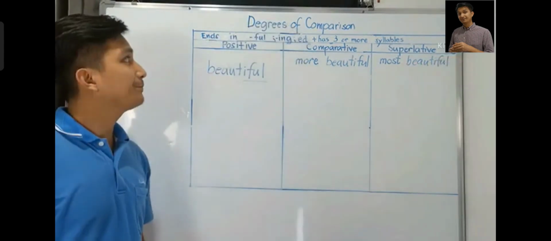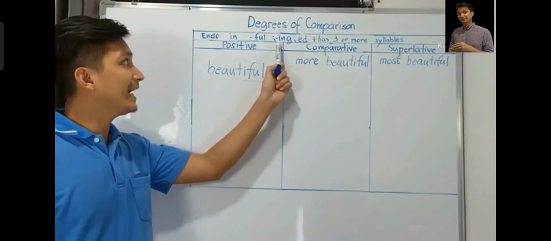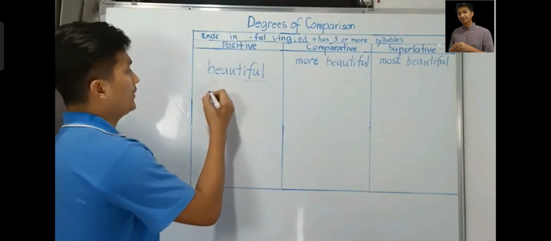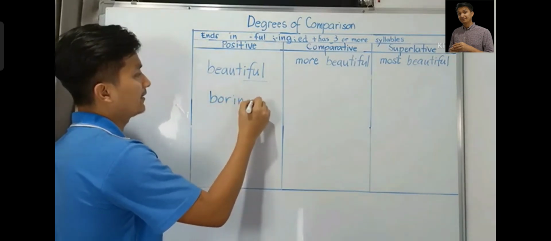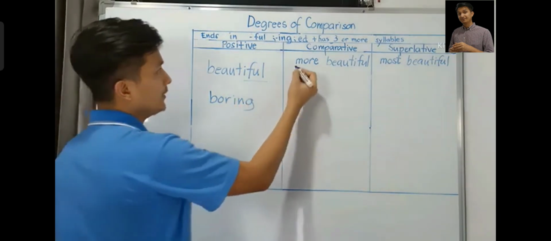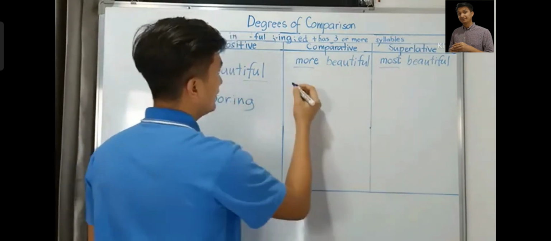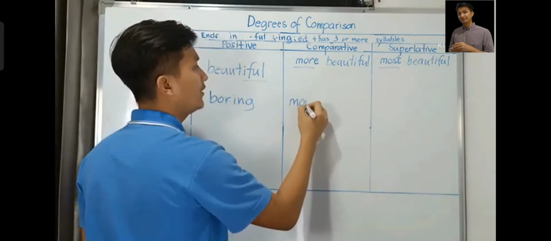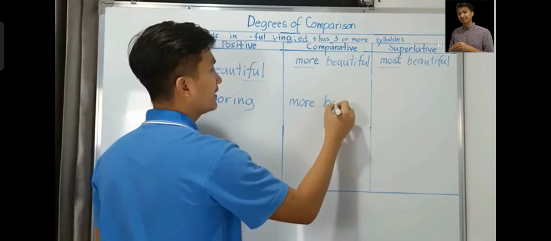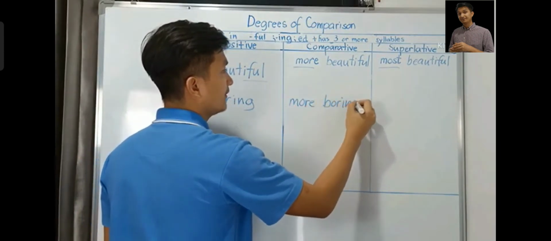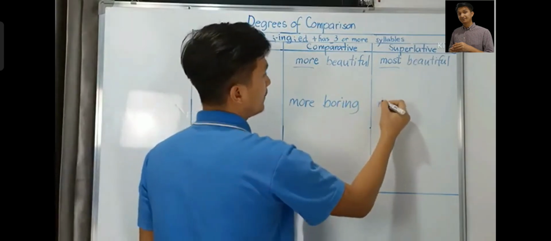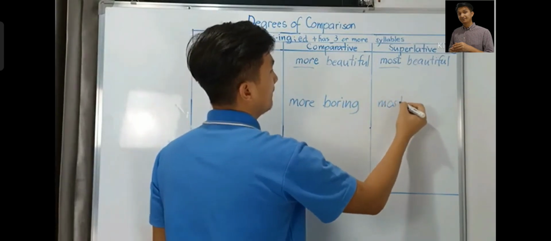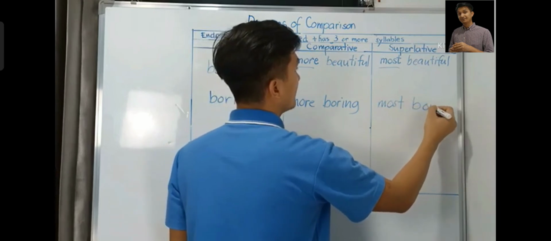How about the positive that ends in ING? For example, the word boring, or the adjective boring. We're going to write more boring. And here at superlative we're going to write most boring.